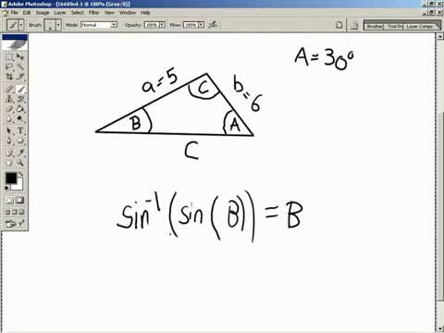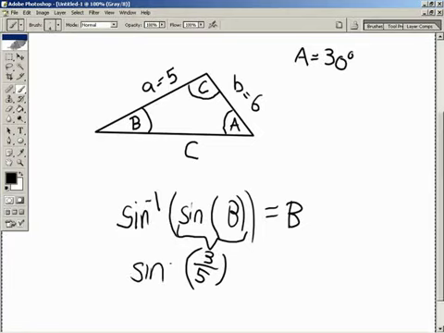Now, we don't happen to know what B is. We want to solve for B. But we did know that sine of B, I believe it was 3/5. And if I'm wrong, just say I'm right. So we know that this whole piece here is equal to 3/5.